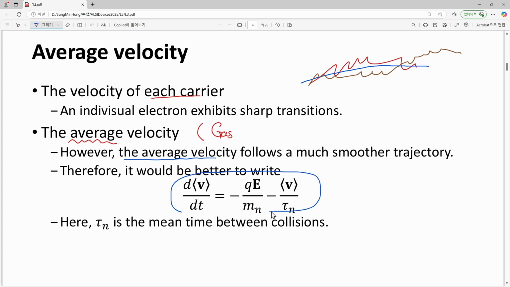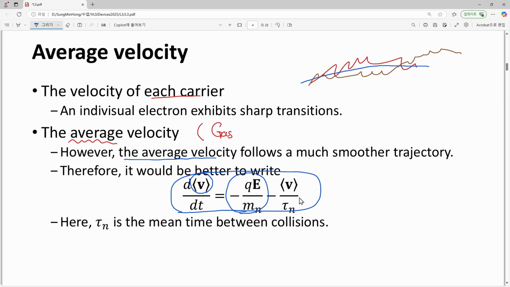Okay, so the average velocity is still accelerated or increased by the electric field. However, if velocity is too high, then there will be a certain mechanism to reduce it to zero.